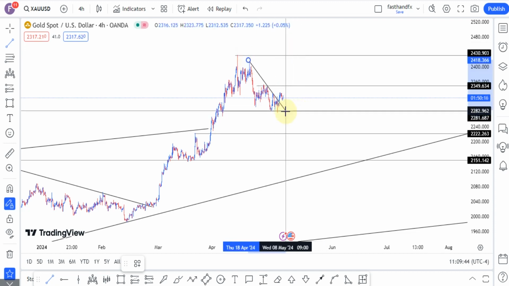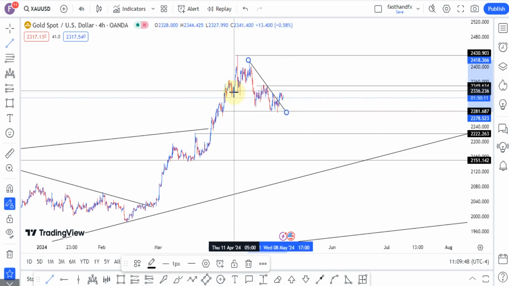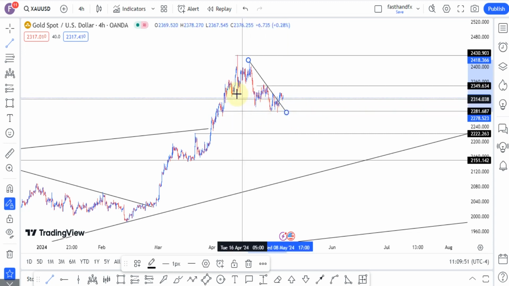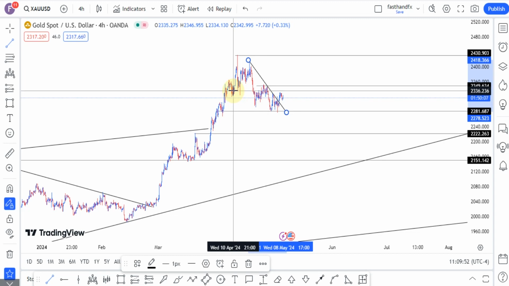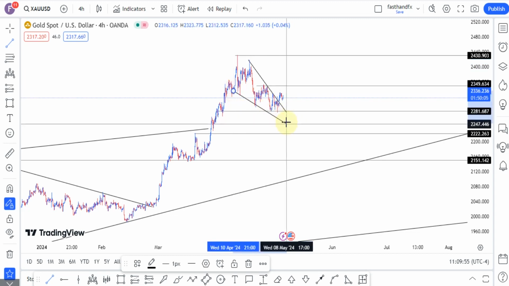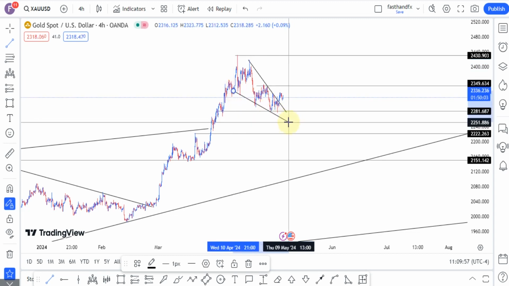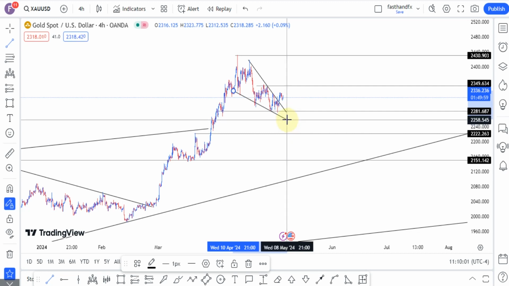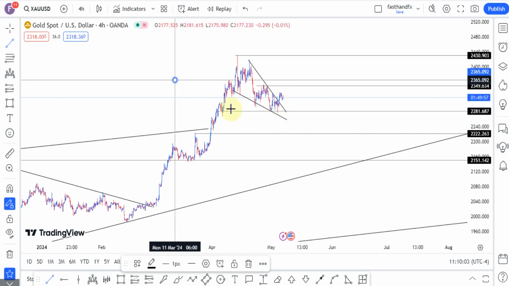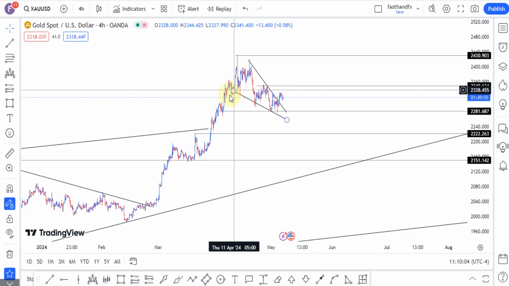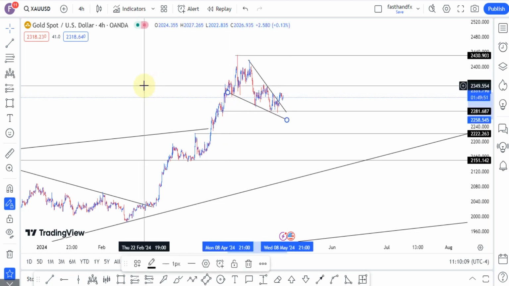And whenever you see a bullish flag, that's some kind of continuation pattern, guys. So if the market was going upwards and it starts giving you this kind of structure, you automatically try to understand that this market is giving you a bullish flag, and that is a continuation pattern. That means that the market will continue pushing upwards.